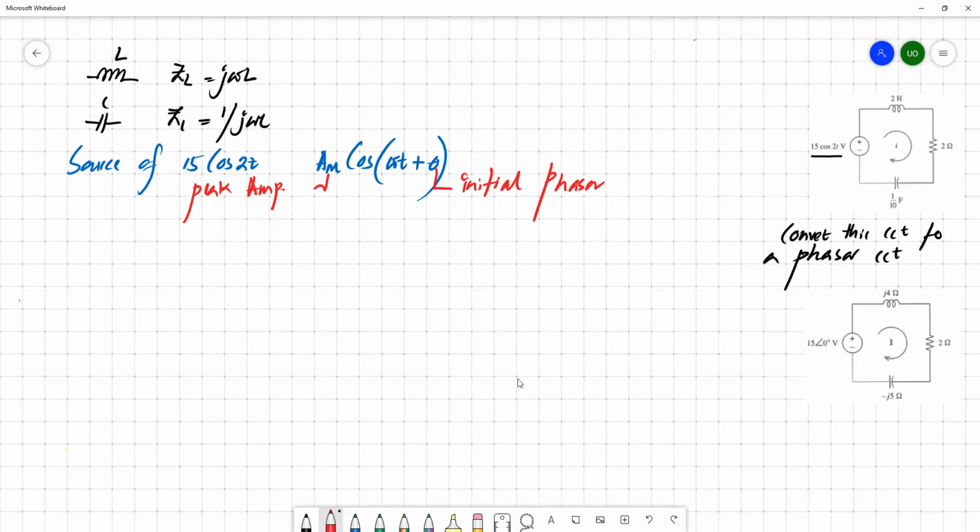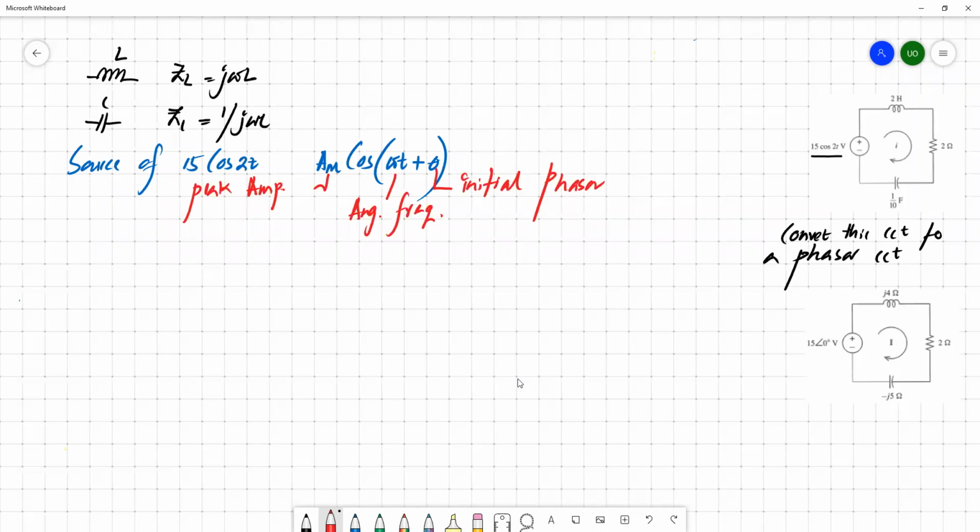Any kind of sinusoidal or cosine signal can be written as AM cos(omega t plus theta). So theta is the initial angle, omega is the angular frequency, and AM is the peak amplitude.